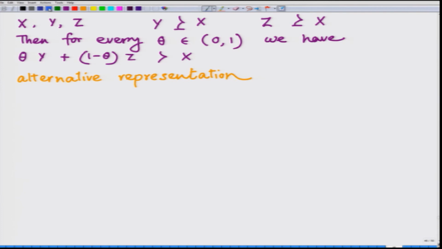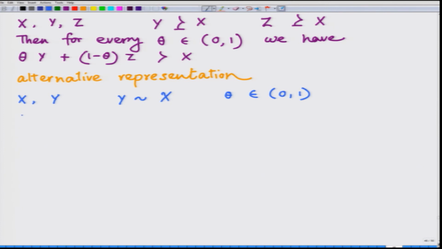Here we assume two consumption bundles X and Y, and we also assume that Y is indifferent to X, and that theta belongs to the open interval 0 1.